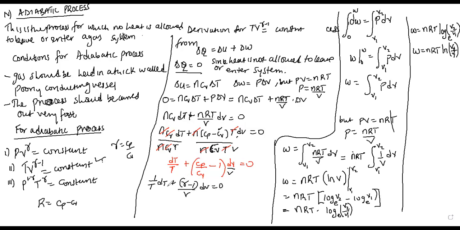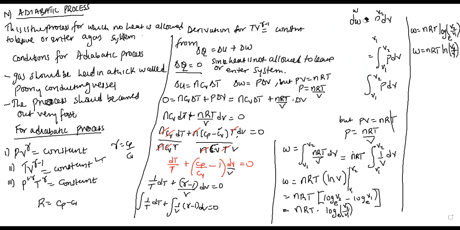When we integrate on both sides, we shall have the integral of 1 over T dT plus the integral of 1 over V times (gamma minus 1) dV is 0. But because we are integrating, on integration we get a plus a constant.